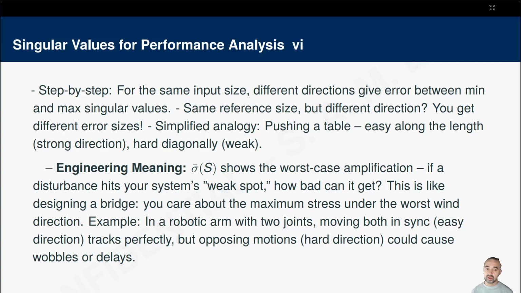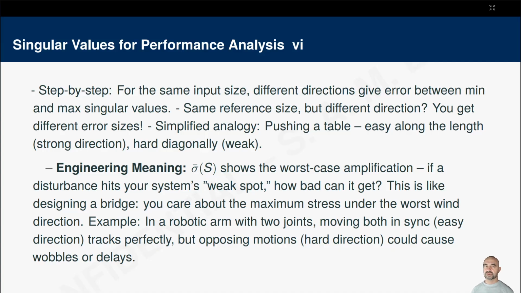Same reference size but different direction, then you get different error sizes. Again, it makes sense. That's a MIMO system, so you get different error sizes. They might be equal, but there's no guarantee of equal error sizes.